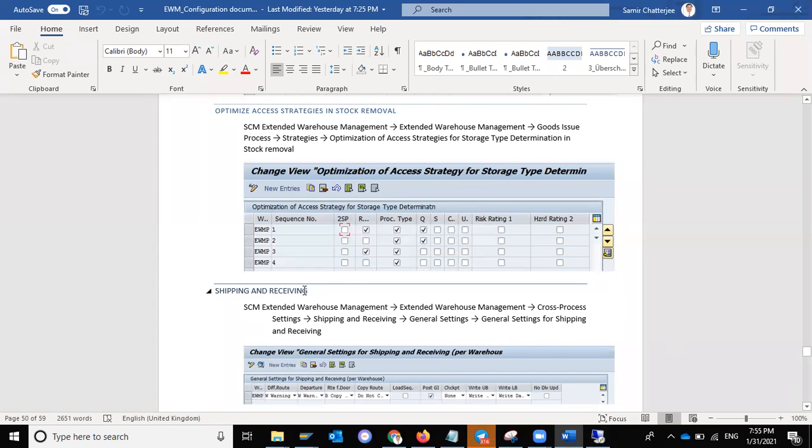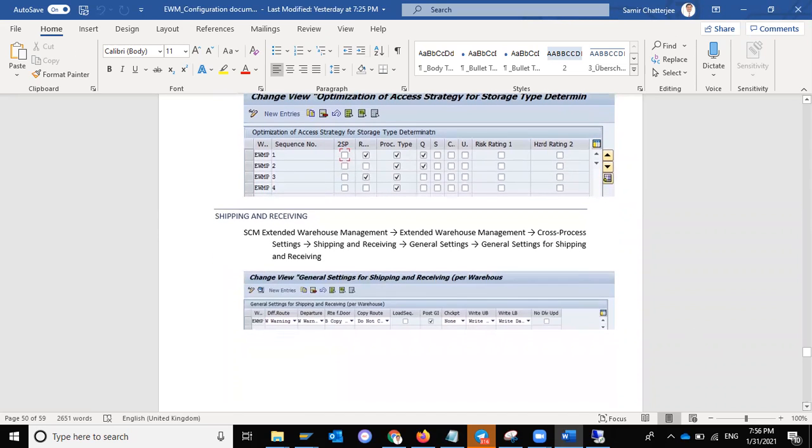Now for international customers and vendors, we are having setting especially for shipping and receiving. So it is applicable especially for our EWM integrated with yard management or integrated with freight orders for transportation management, transportation planning, okay, or maybe some geographical integration for EWM, especially for these forwarding agents, right?